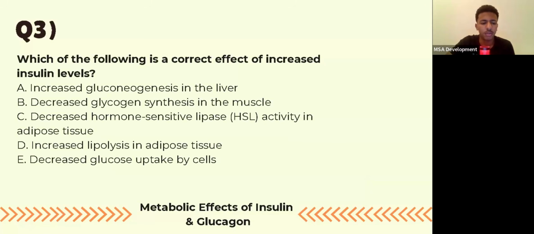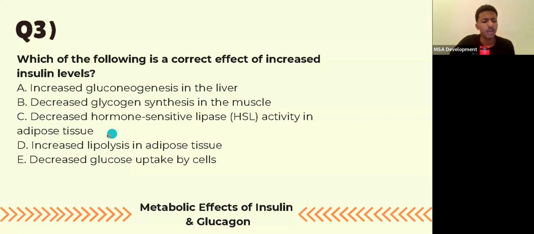The others are the opposite. So let's go one by one. Increased gluconeogenesis in the liver. This is the opposite. The insulin decreases gluconeogenesis. Decreased glycogen synthesis in the muscle. Incorrect. We do the opposite actually. We want to store the glucose because we have so much of it in the blood. So we're going to store it in forms of glycogen.